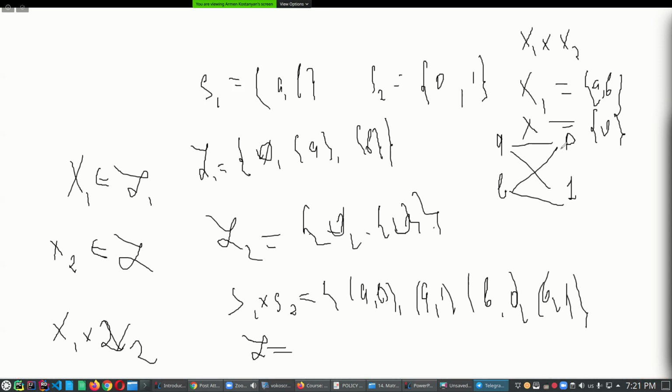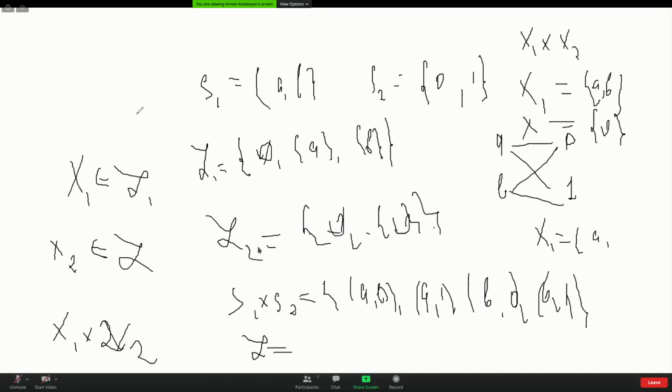In this case, the subset can also be represented in this way. Maybe we need to choose A together with 0.